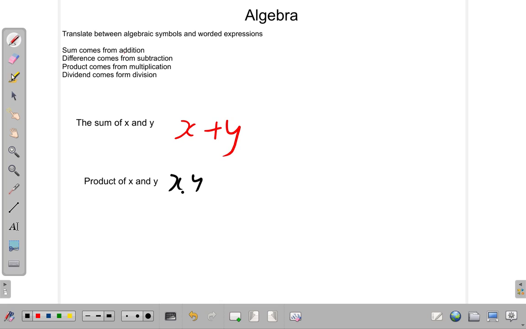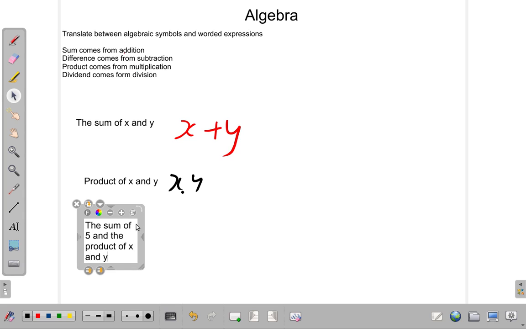Now, let's look at another one. What I want is the sum of 5 and the product of x and y.